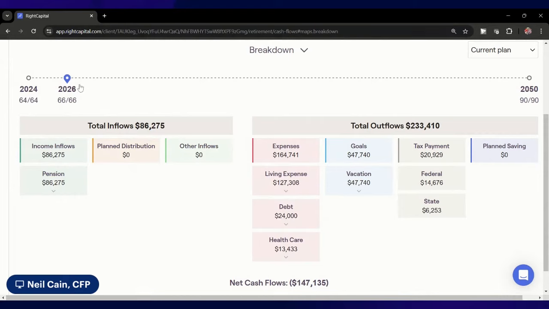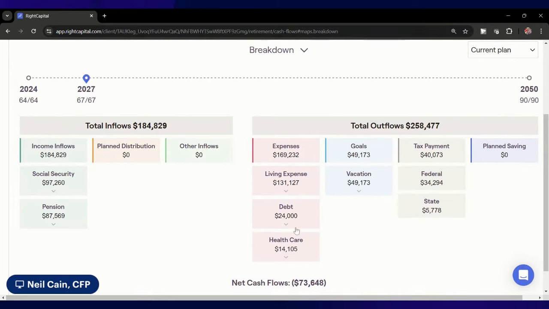So far, we're close to 300, but in the next year, 2027, we now only need to withdraw 73. Why? Because Social Security has been introduced. Both of these spouses are now 67. We're introducing Social Security.